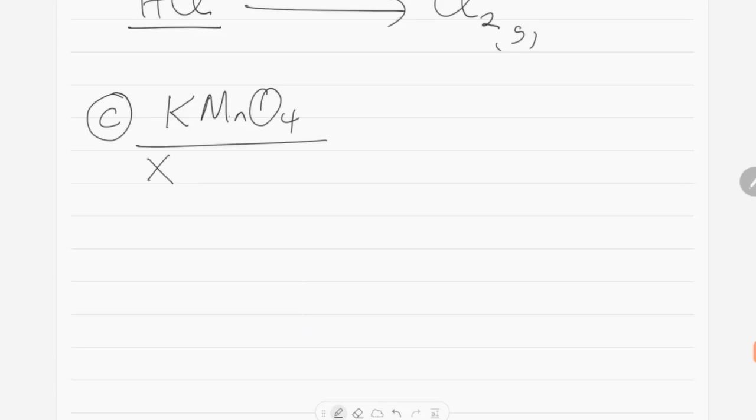And for potassium, we know its charge is positive 1. And for oxygen, since there are 4 of them, we're going to say 4 times the charge of oxygen, which is minus 2. This will also give us 0.